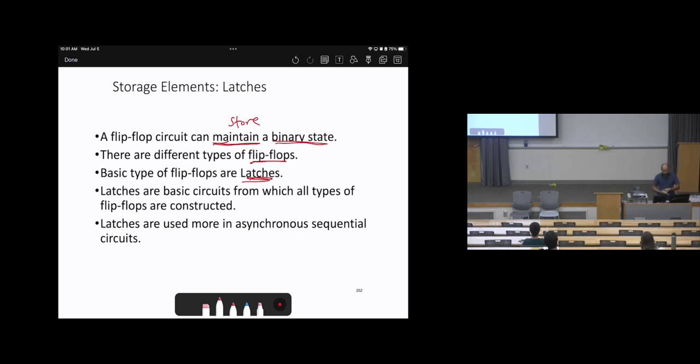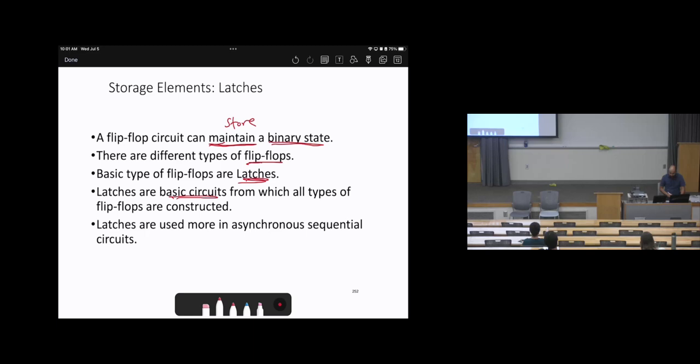Latches are based on basic circuits. They are very simple to implement, and from latches we can create other, more complicated models. Latches are most likely used in asynchronous circuits. But in real life, we are not using latches. We are using an updated version of latches, which are called flip-flops. We will discuss all of this in the following lectures.